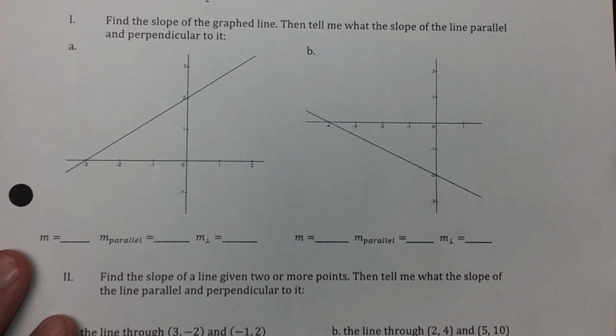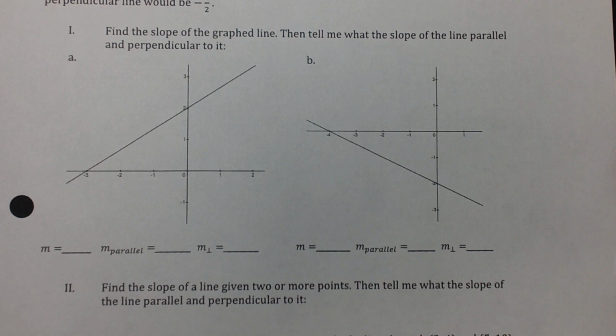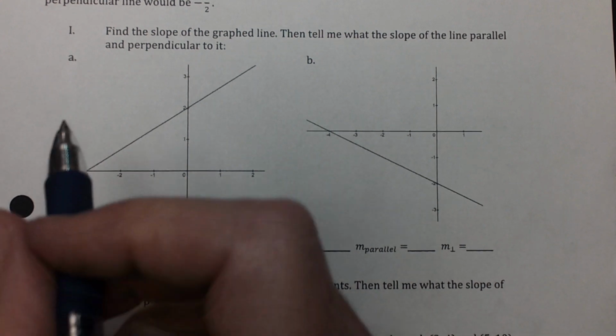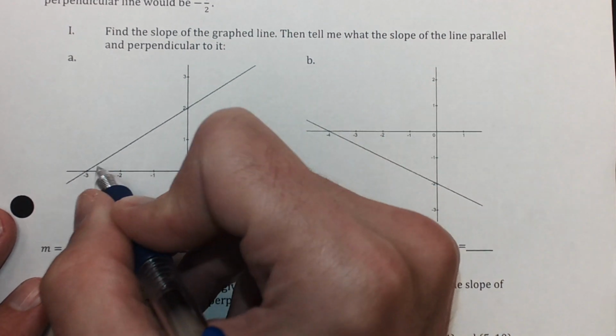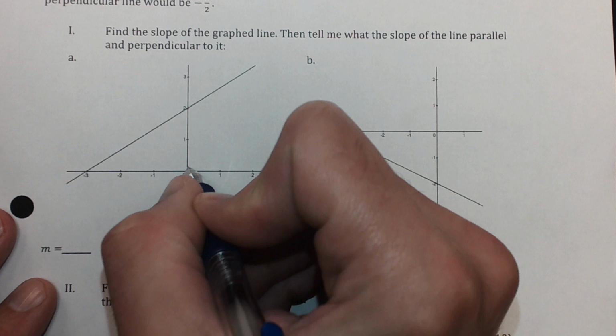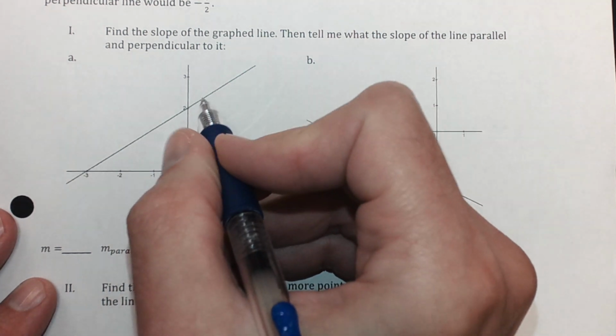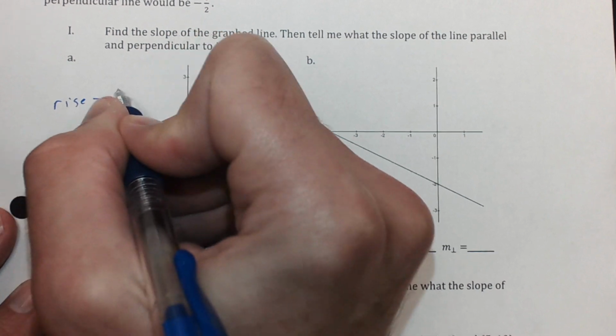Now let's look at two different examples, A and B. They each have a line graphed. So what you're going to want to do is calculate the slope. The easiest way to do this is really just see how far up you're going. From here, I'm going up 1, 2. So that's a rise equals 2.